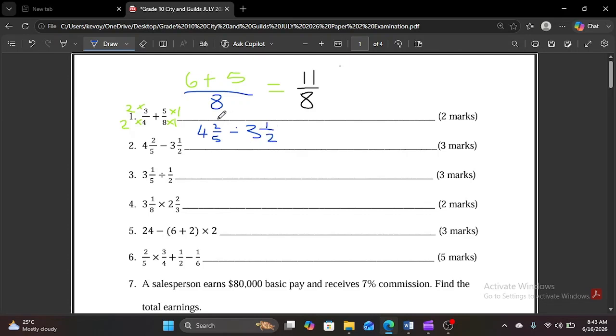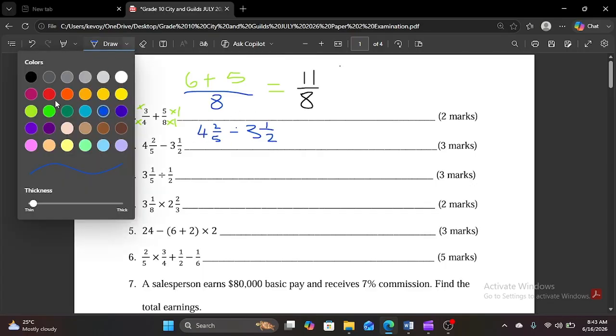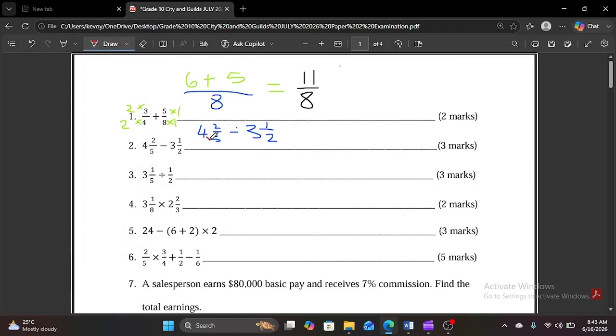In order to convert this mixed fraction into an improper one, we just multiply and then add. So we multiply 4 times 5, and then we add that to 2.